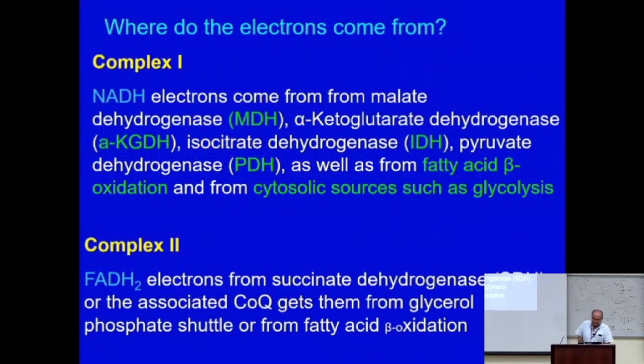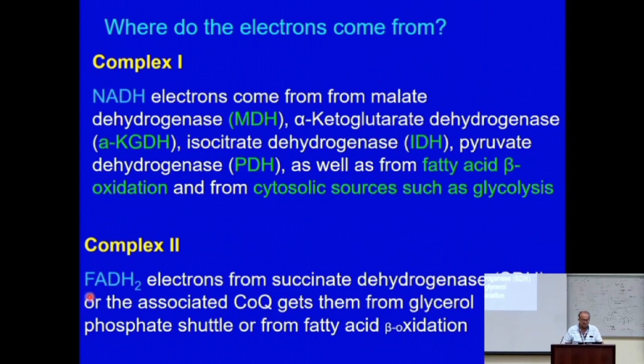So I'm going to remind you now how we begin with electron transport chain and what we need. Like I said, you have to remember that the function of electron transport chain is to oxidize NADH or FADH2.